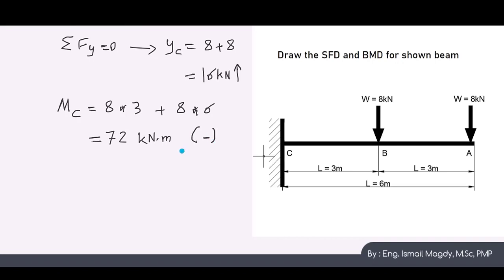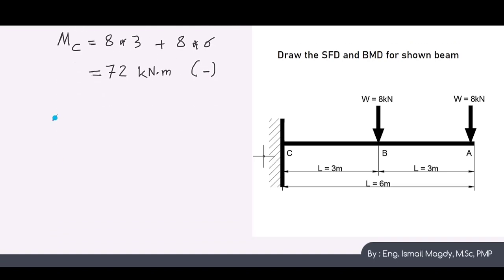Now we can start drawing our diagrams. We'll start by drawing our beam again. We have here the 8 kN force, and here we have the 8 kN force.